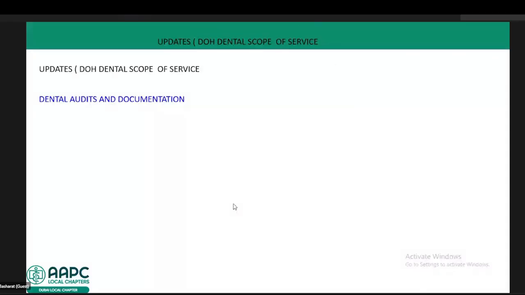Recently there have been some updates to the scope of service in Abu Dhabi. You have to go through all those new scopes, because now, where before a GP could bill, for example, gingivectomy and things like implants, you need to read very carefully.